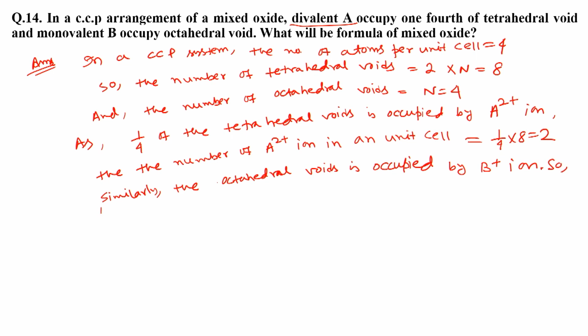So, the number of B plus ions is 4, right, because monovalent B occupy octahedral void.